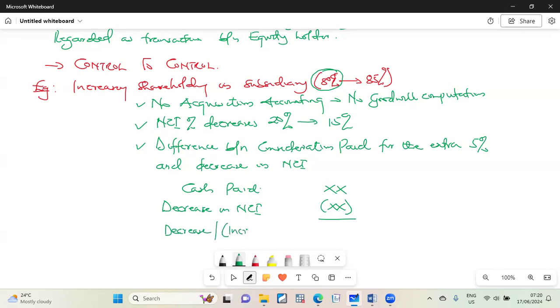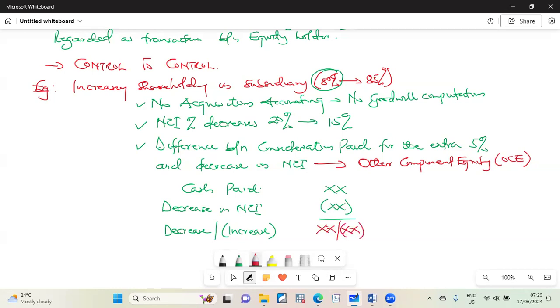So this difference, where will it go? We call it other component of equity. It will go to your other component of equity. You've been seeing that in questions, right? We call it OCE, where your share-based payment, IFRS 2, normally goes. So this one can be positive, it can be negative. All right.